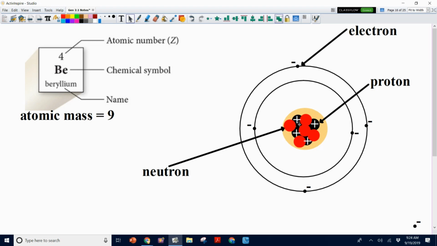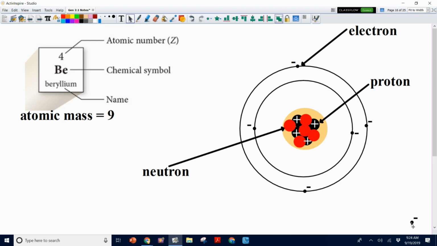So if each one of these positive charges cancels a negative charge, if we've got 4 positive and 5 negative, the overall charge of this beryllium now is a -1. Okay, and that's what's called an ion. It's got a charge of a -1. If I were to add another electron over here, now it would have a charge of -2.